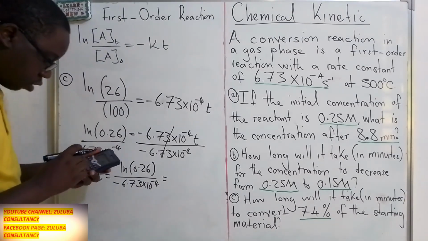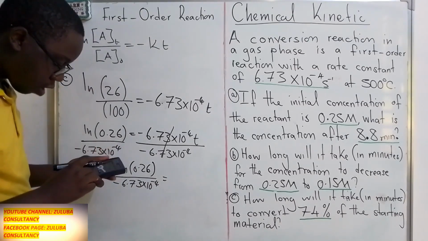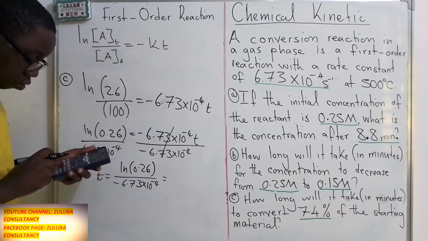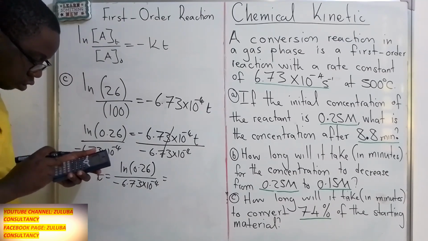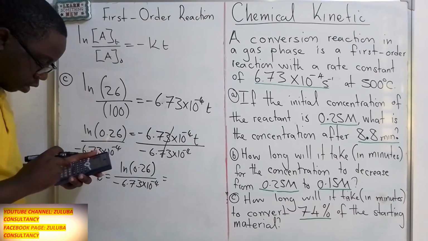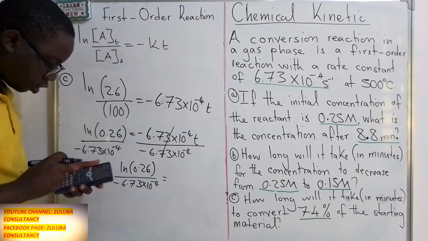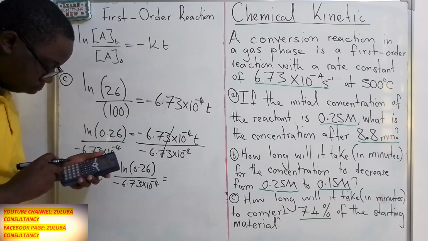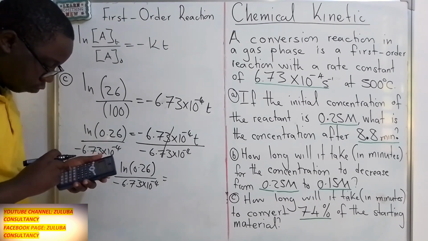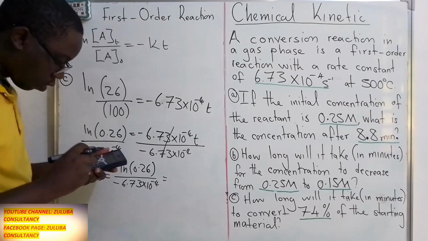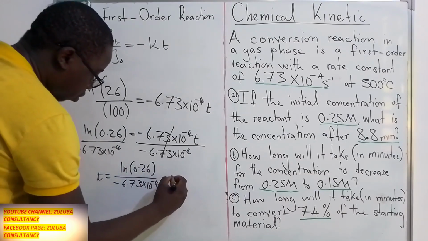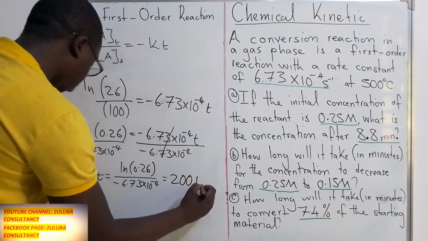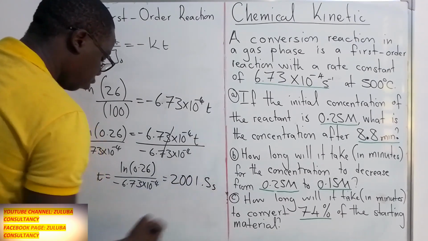So let's see the answer there. The natural log of 0.26 divided by the negative of 6.73 exponent negative 4, we are getting the answer of about 2001.5 seconds.